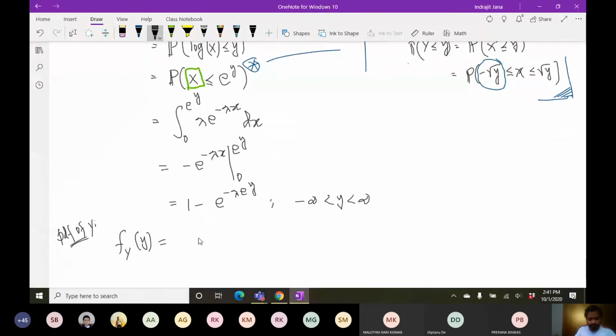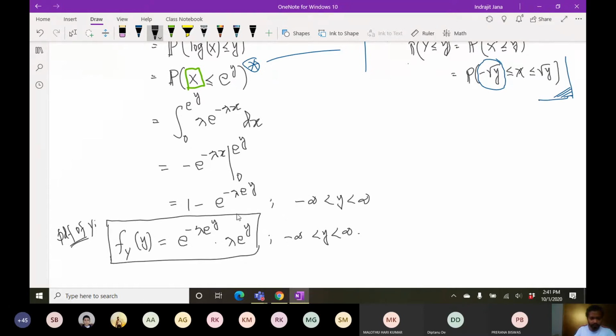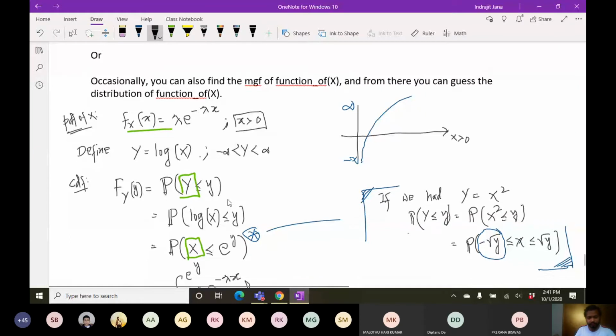If I differentiate this thing, I get e to the power negative lambda e to the power y, and then differentiating that, I get lambda e to the power y. Okay, so that negative negative cancels after the differentiation. Anyway, that's how we find the PDF of this y, right? And that's it. This is the end of the problem, because you wanted to find the PDF of this y, which is log x.